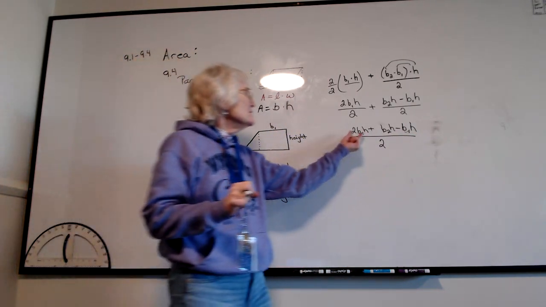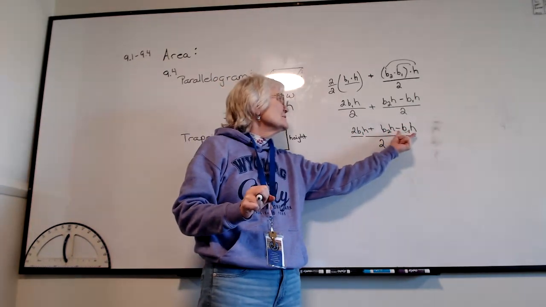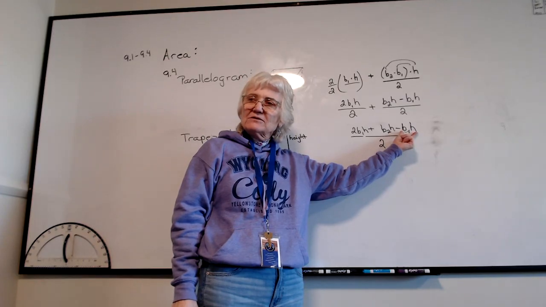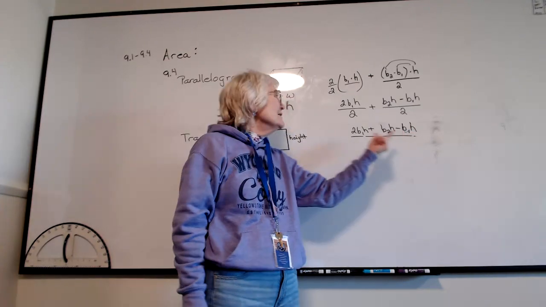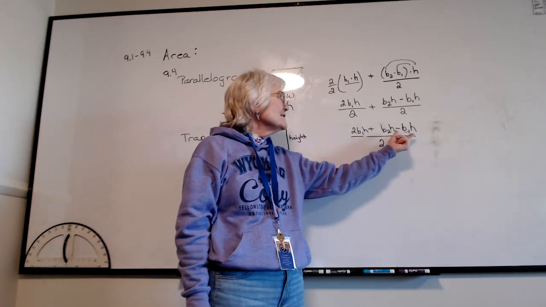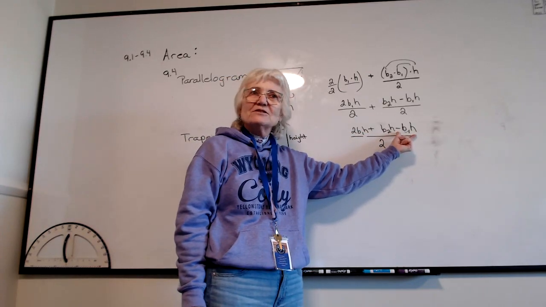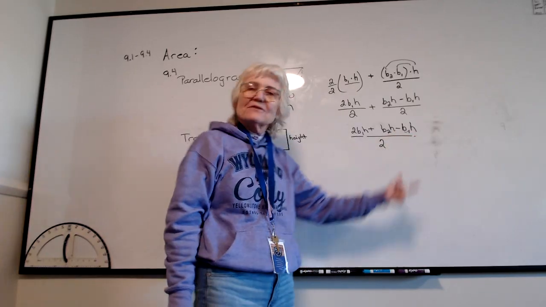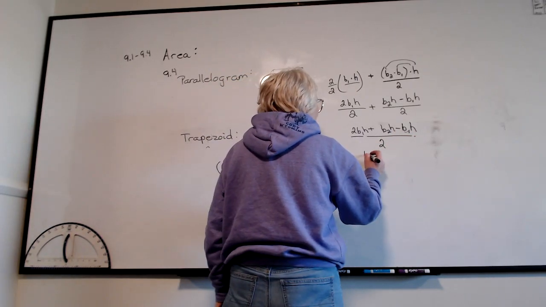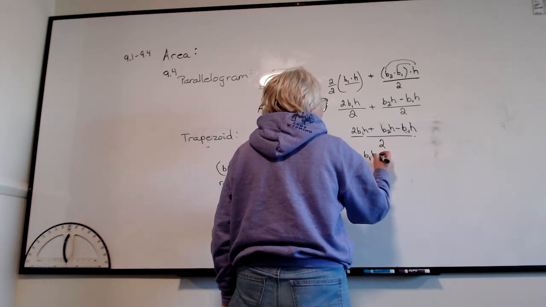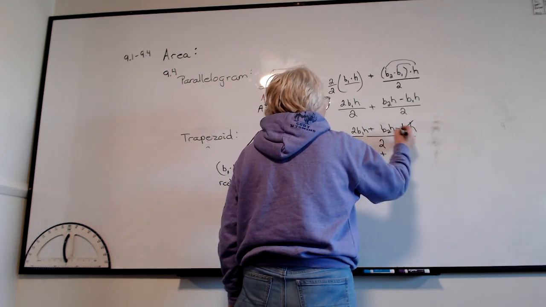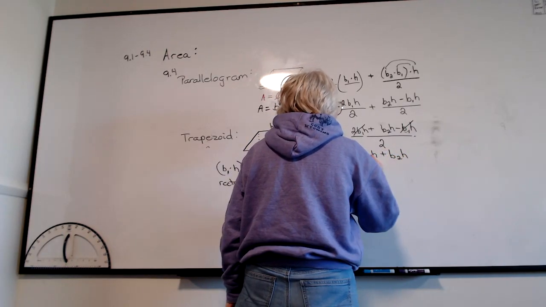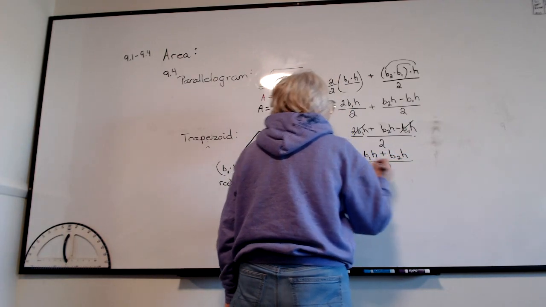You see that? 2b1h minus 1b1h, sorry. 2b1h minus 1b1h gives me 1b1h, correct? So this simplifies down to b1h plus, that canceled those two, plus b2h all over 2.